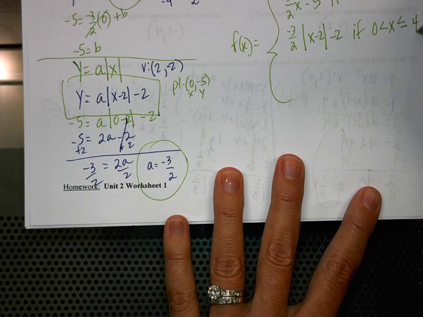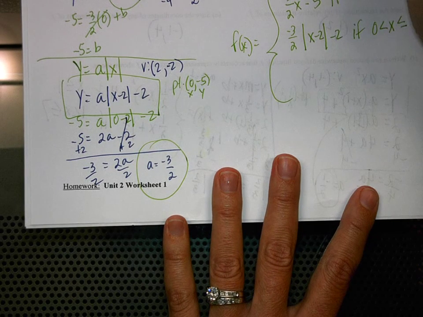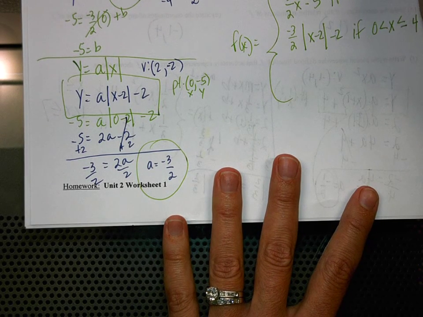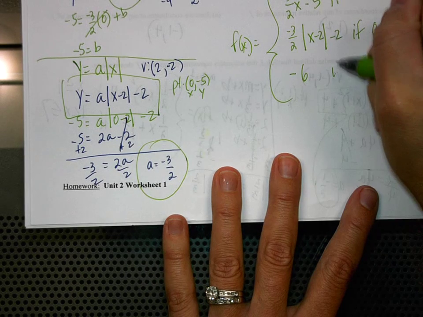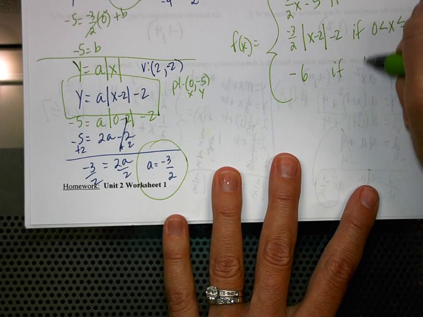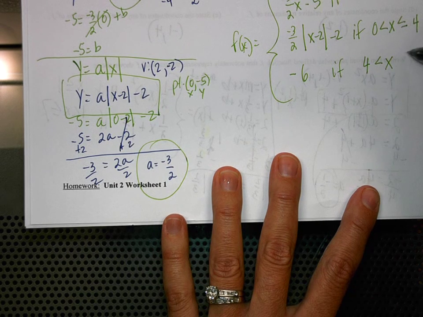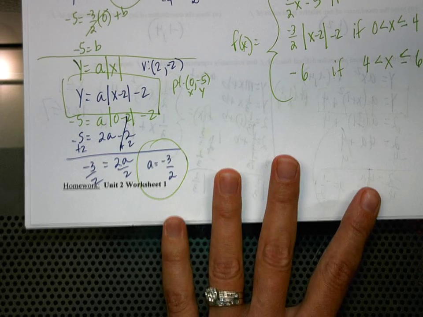My last one is a straight line. What is that value for y? -6. If 4 is less than x is less than or equal to 6. Oops. And that's your function.